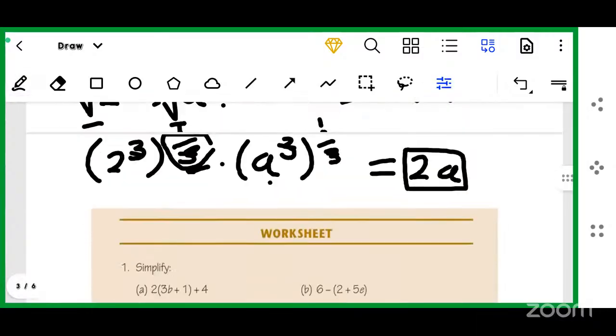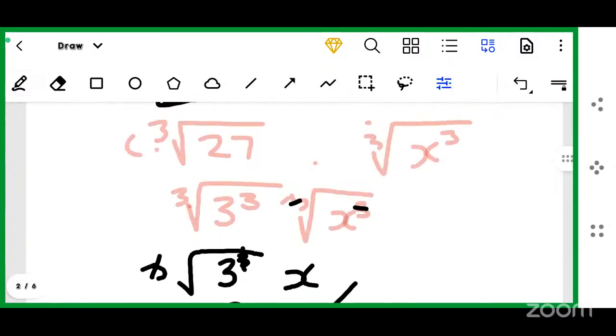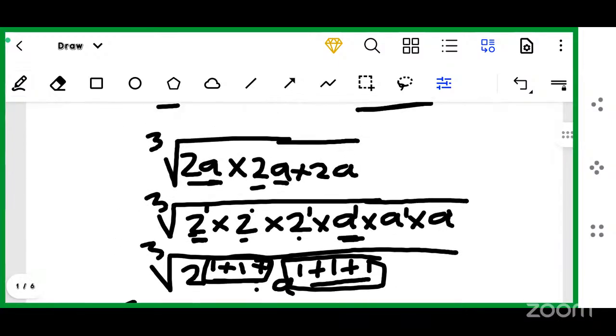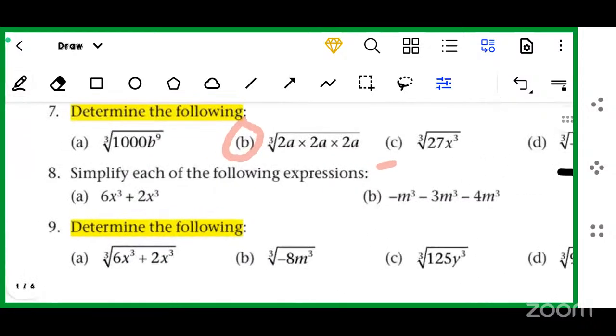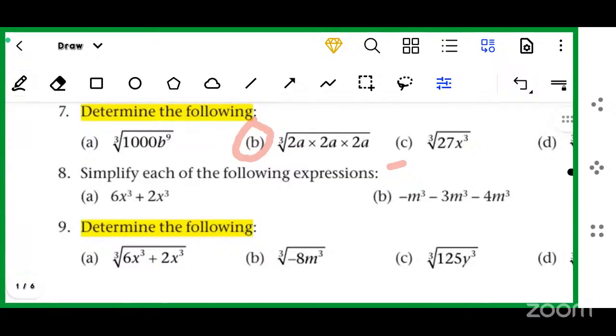So we come to B. Are you perfectly fine with these ones? Yes, ma'am. Okay, perfect. So now we come to question 8: simplify each of the following expressions. A says we have 6x to the power of 3 plus 2x to the power of 3.